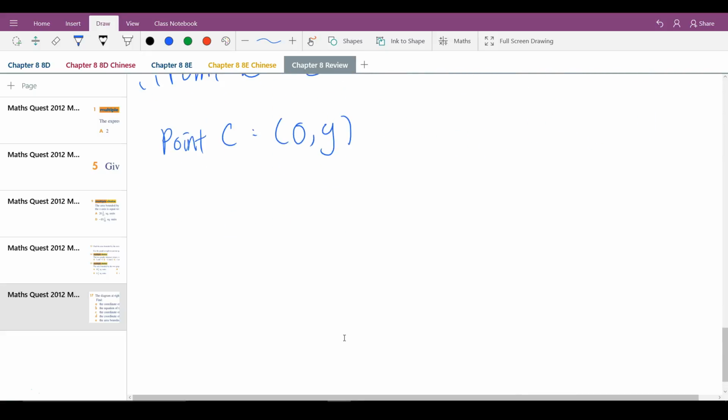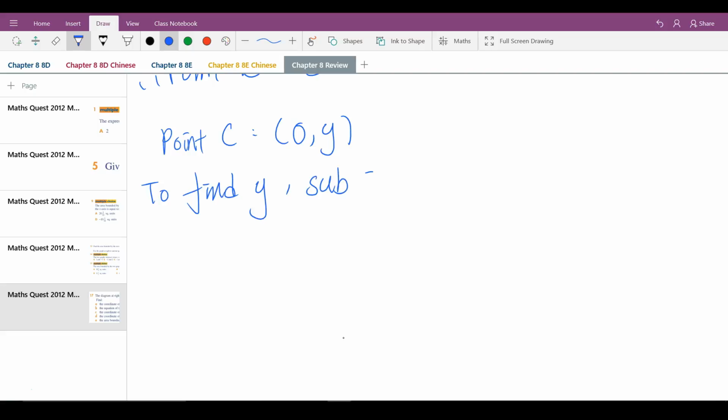Okay, so point C, we've got the 0 and a y value. To find y, sub 0 as x into y equals e to the power of x over 2, because the point is on this function.